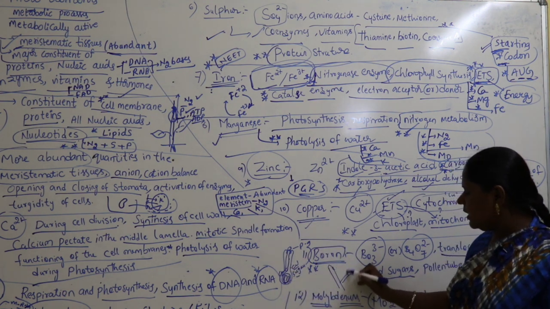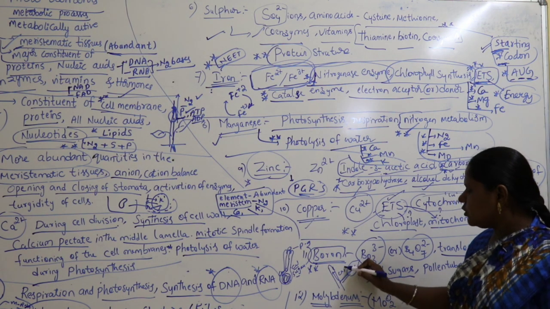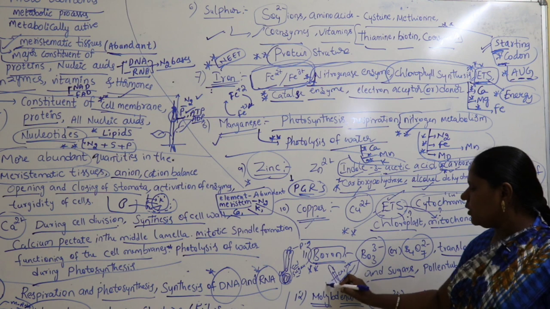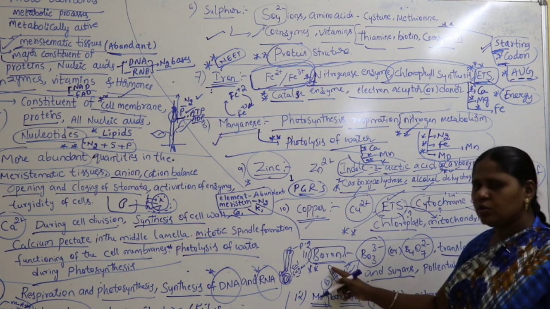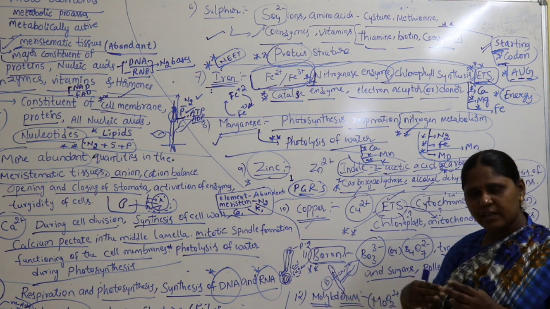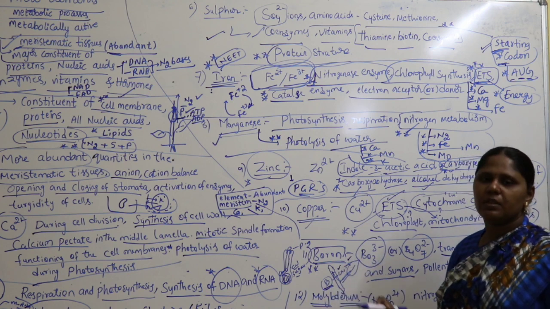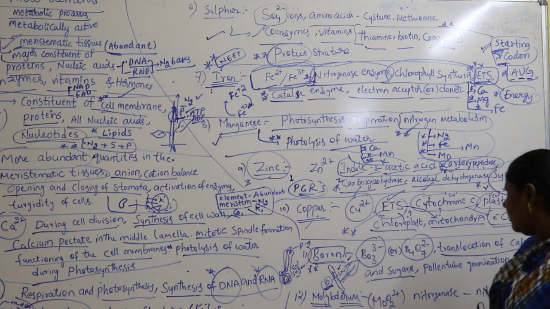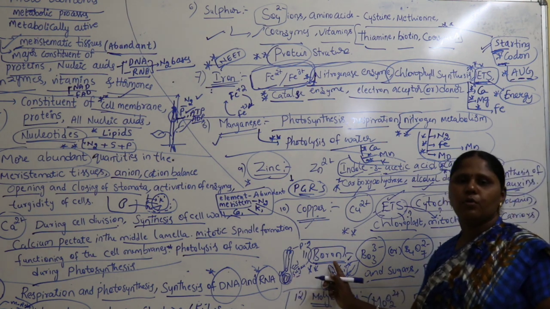From the leaf to the apex, calcium and sugar are transported only because of the element called boron. From leaf to shoot, or from the tip of the shoot to the base, translocation is over longer distances. For long distance, calcium and sugars are transported only with the help of boron, right? And pollen tube germination, especially, accumulates in the shoot apex. So these are the things you have to remember for boron.